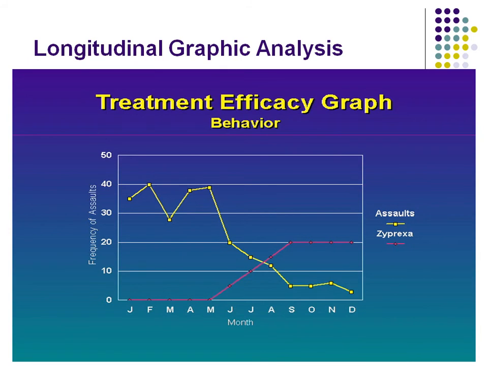And the frequency of assaults initially is 30 to 40 times per month, and after Zyprexa is built up to 20 milligrams, the frequency comes down to about 5 times per month. And this is a nice record to have for anyone who might be providing services to the patient in the future.